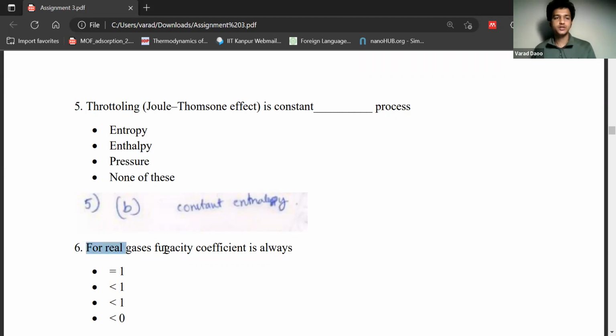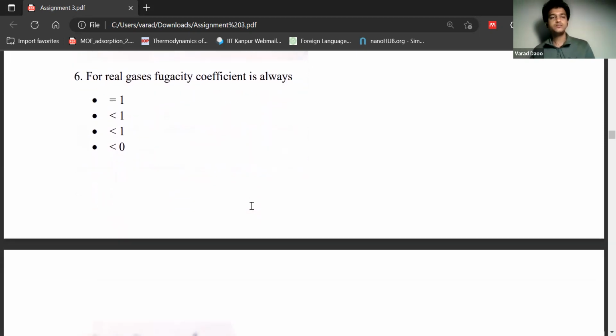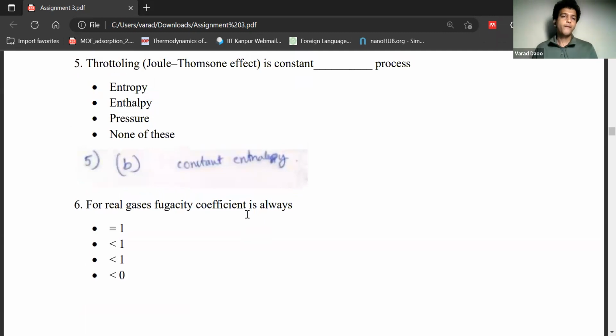Question number 6 is a bit tricky. For real gases, the fugacity coefficient is always what? It is also a conceptual question. Remember, what is the fugacity coefficient? Pi is f by p, right?